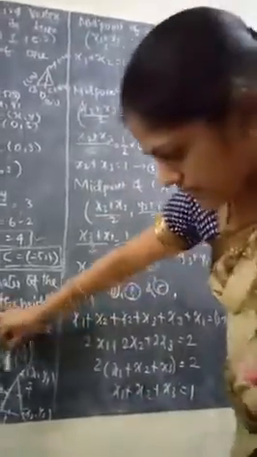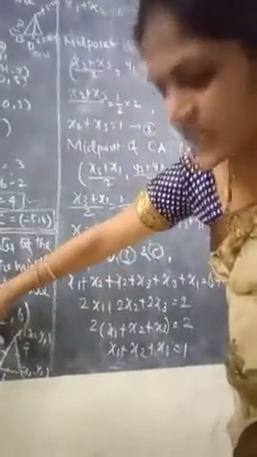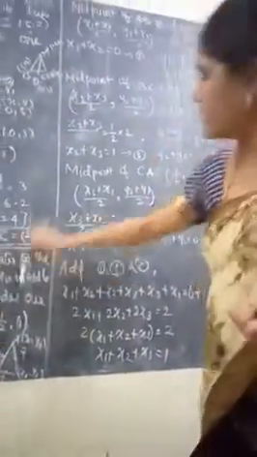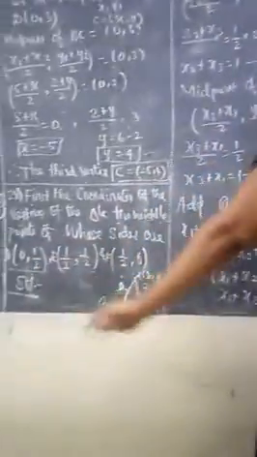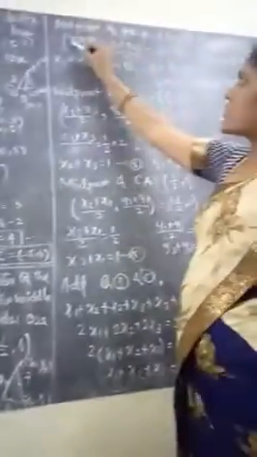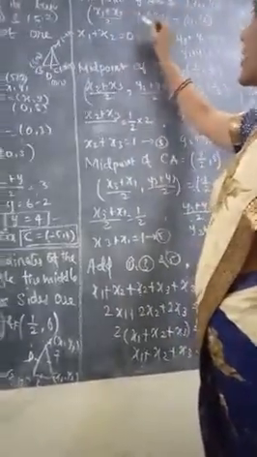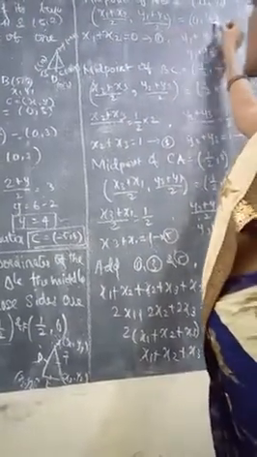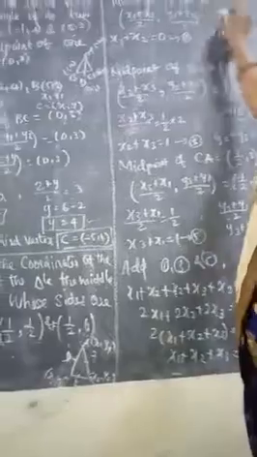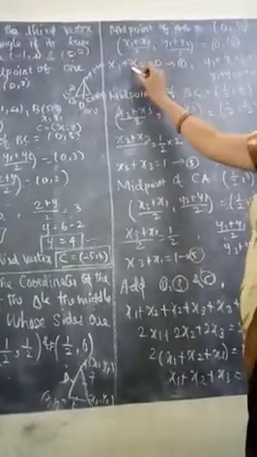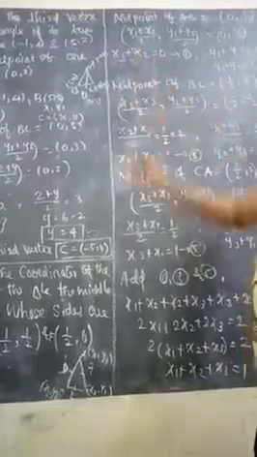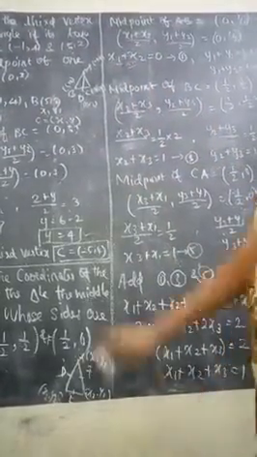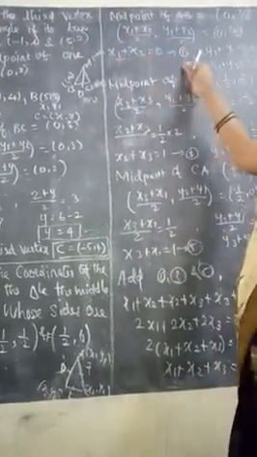D is the midpoint of AB, so the midpoint of AB equals the D point, 0, 1 by 2. So (x1 plus x2) by 2, (y1 plus y2) by 2 equals 0, 1 by 2. Equating x, x1 plus x2 divided by 2 equals 0, so x1 plus x2 is automatically 0.